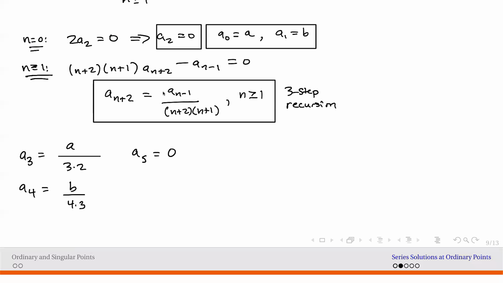If A2 is 0, then A5 will be 0, A8 will be 0, A11 will be 0. All of those will be 0. So we've eliminated a third of all the coefficients now. They can't exist. So what we really need to do is concentrate on a pattern for the A terms separate from a pattern for the B terms. So let's continue to write those out and see if we can indeed come up with that pattern.